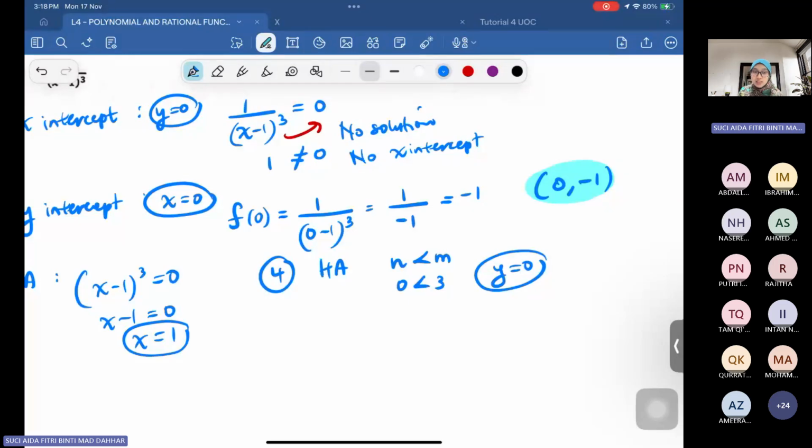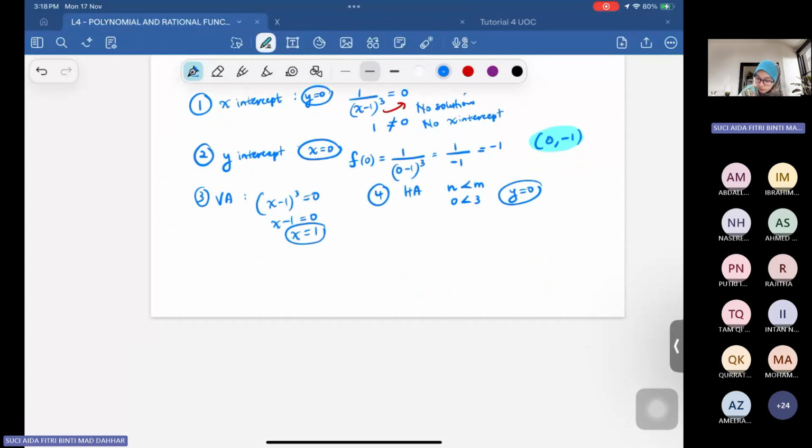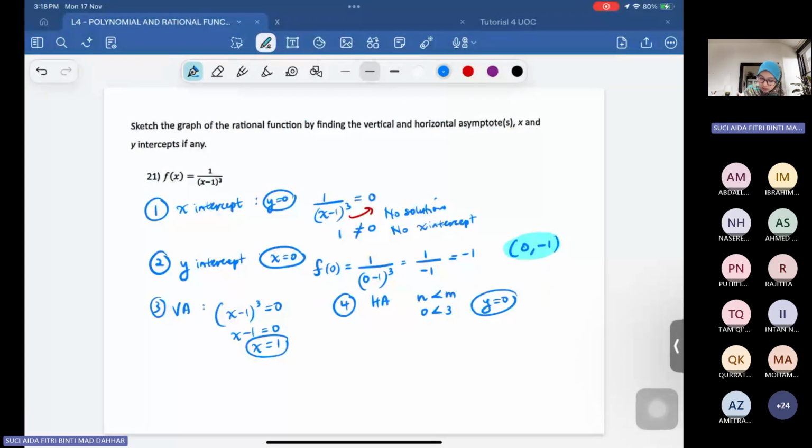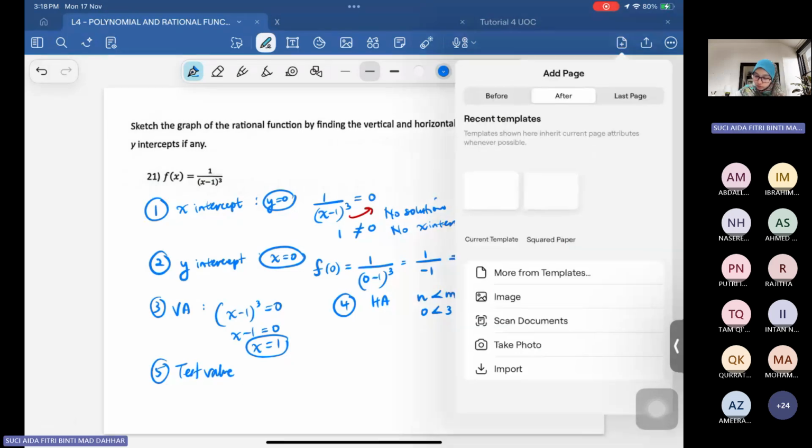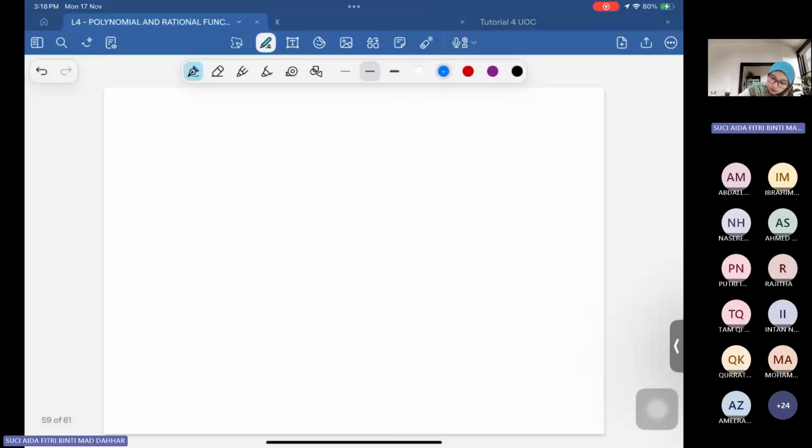So we got the intercepts and the asymptotes. Now we are ready to do the test value, number 5. Let's do the test value to get the number line. Okay, let's do the number line. This is x. This is 0.